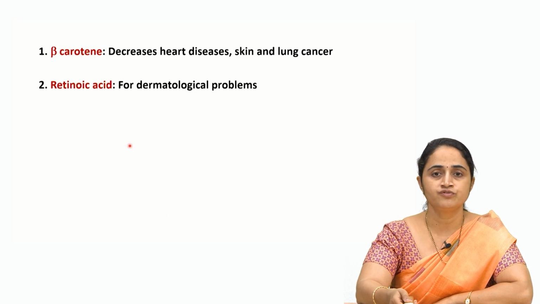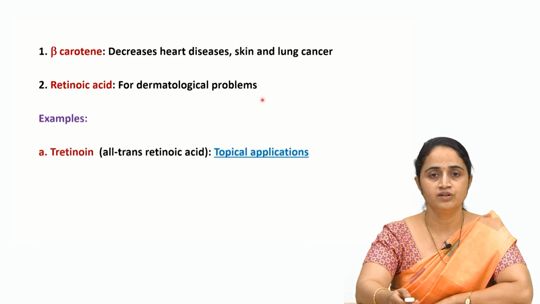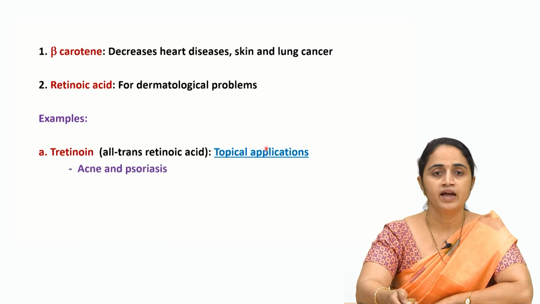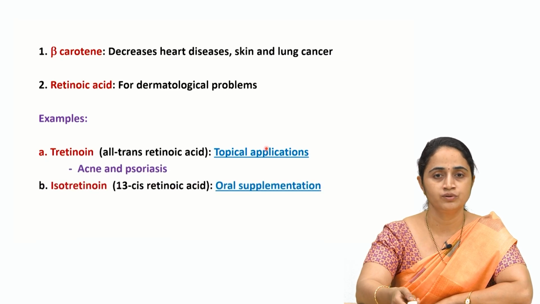So, it is used for dermatological problems in the form of tretinoin, which is vitamin A in the form of all trans retinoic acid, and it is used for topical application to treat psoriasis and acne, and in the form of isotretinoin, which has vitamin A in the form of 13-cis retinoic acid.